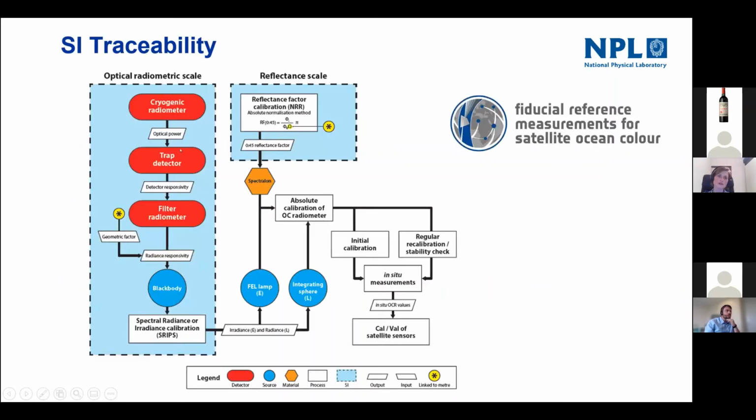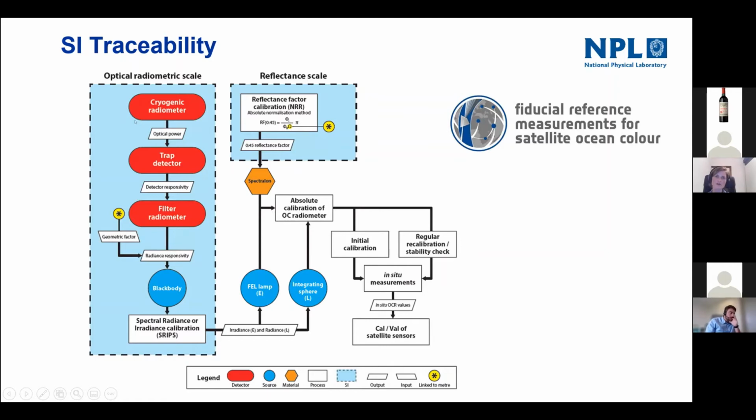So in terms of the optical radiometric SI traceability scale, this is a particular example for satellite ocean color, but it can be exactly the same scale dissemination for any radiance or irradiance measurements, not necessarily ocean related.